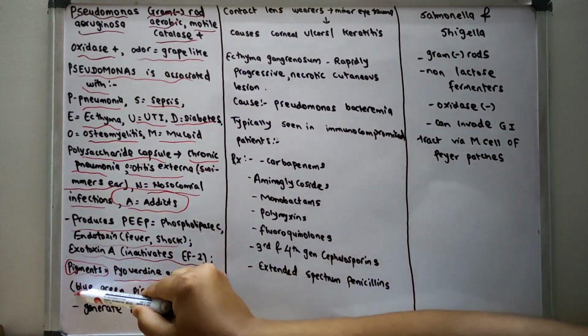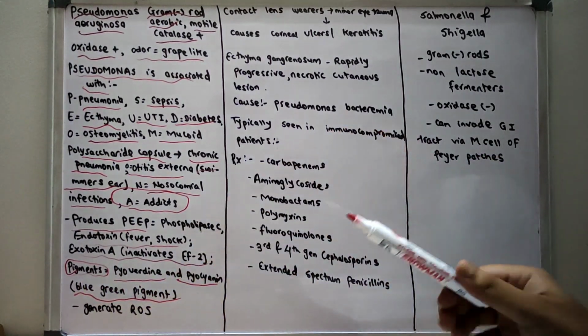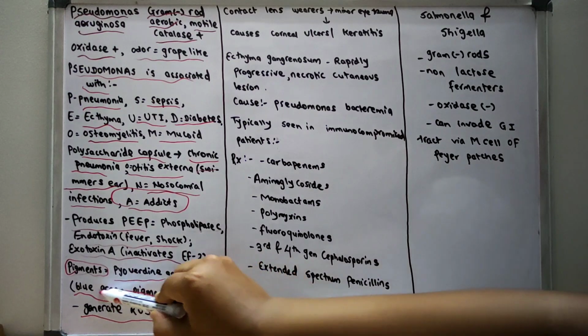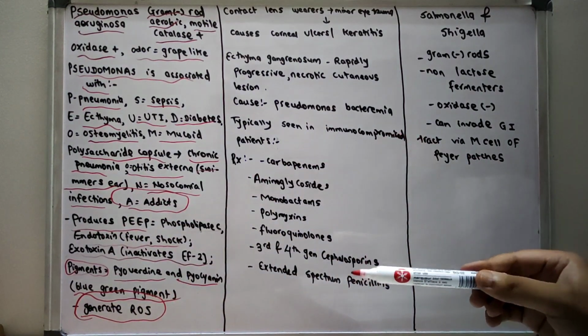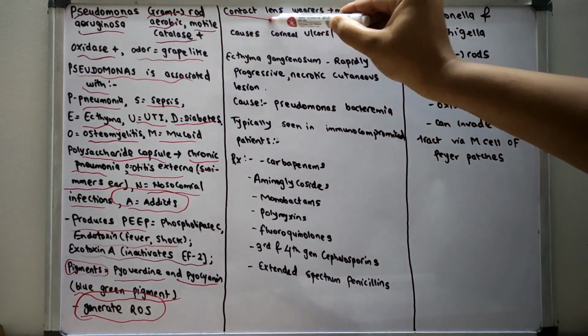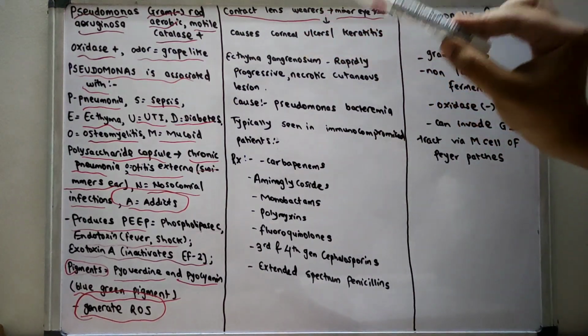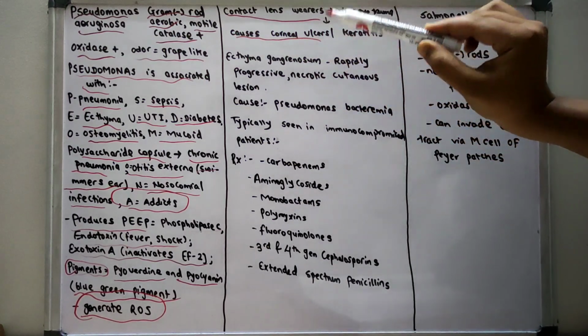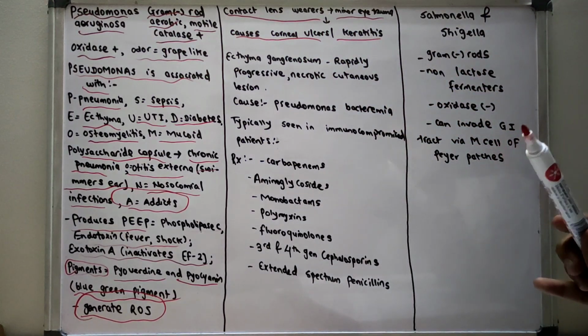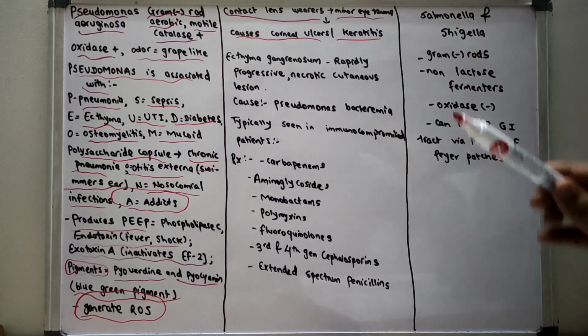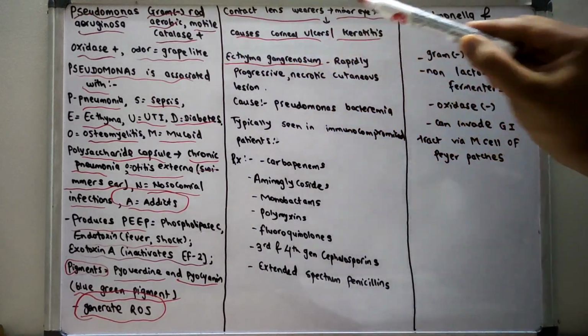Those are blue-green pigments, and it also generates reactive oxygen species. In contact lens wearers, if there is minor eye trauma, Pseudomonas aeruginosa causes corneal ulcer and keratitis.